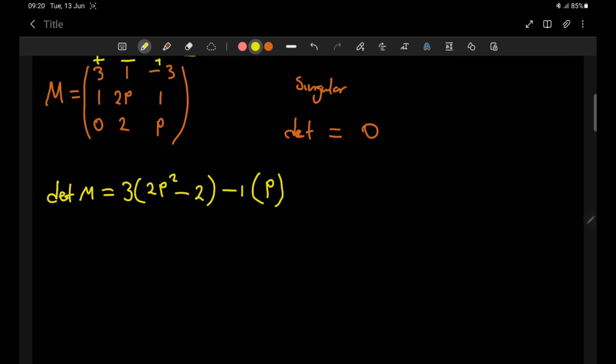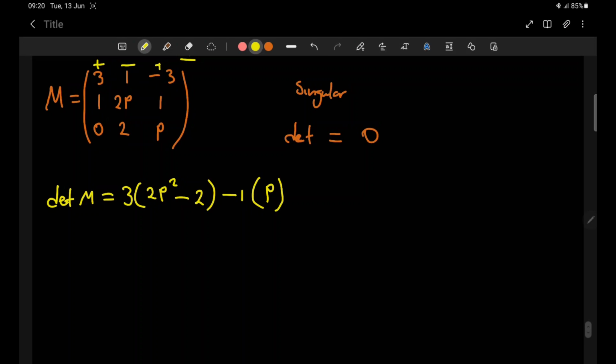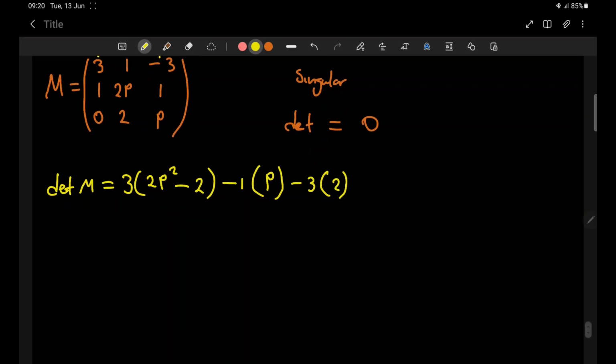Then going over to the last element, negative 3 here, we eliminate this column and this row, so that we remain with 1 multiplying with 2. Remember taking the element there, which is negative 3, then we have 1 multiplying with 2, which is 2, and 0 by 2p is just 0, so we just have 2 there.